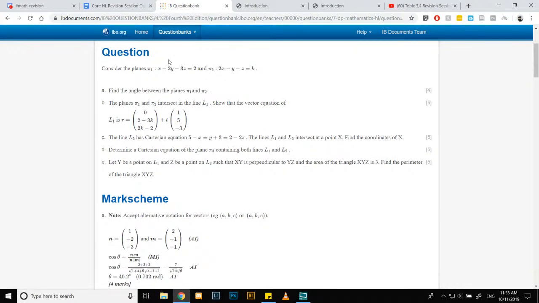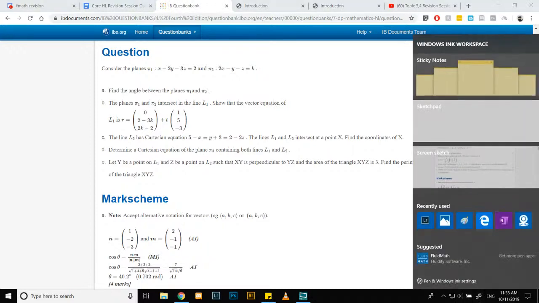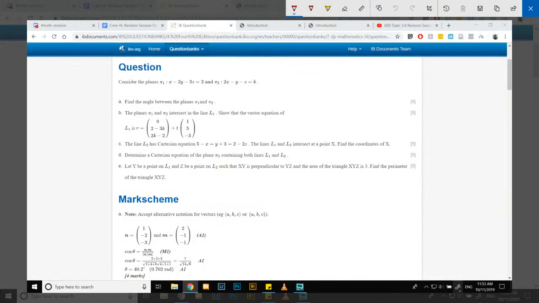Okay, yeah, so we have two planes right over here. Now you can try finding the angles between these planes. We know this plane has a normal vector, 1, -2, -3, which we get from the coefficients of the Cartesian form.